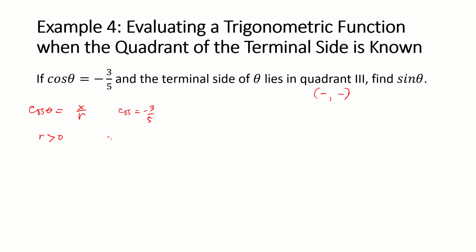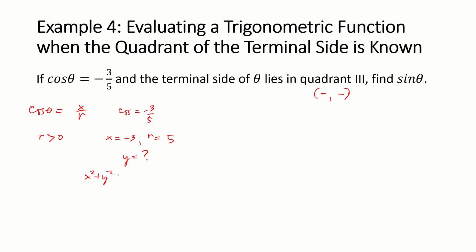So automatically x is our negative 3 and our r would be our 5. Since x and r are known already, we need to figure out what is y.